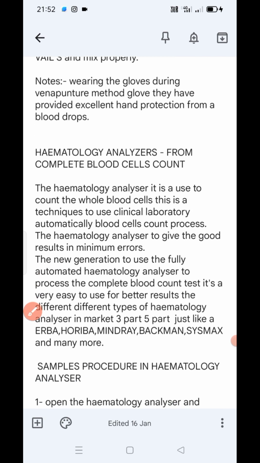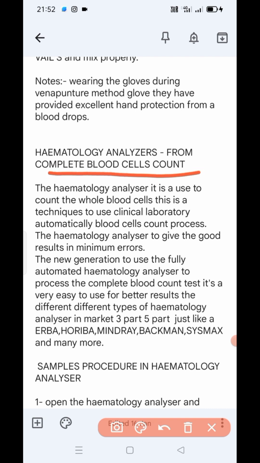Now, hematology analyzers. The hematology analyzer performs the CBC count. The hematology analyzer is used to count the whole blood cells. This is a technique used in clinical laboratories. The hematology analyzer counts blood cells automatically and gives good results with minimum error.